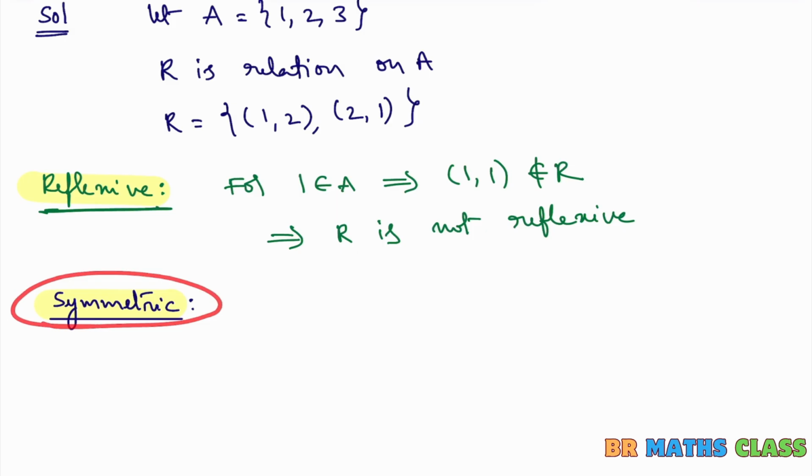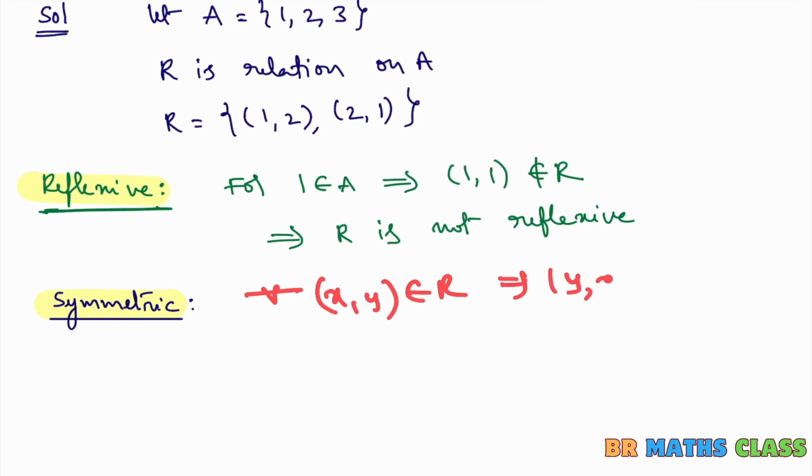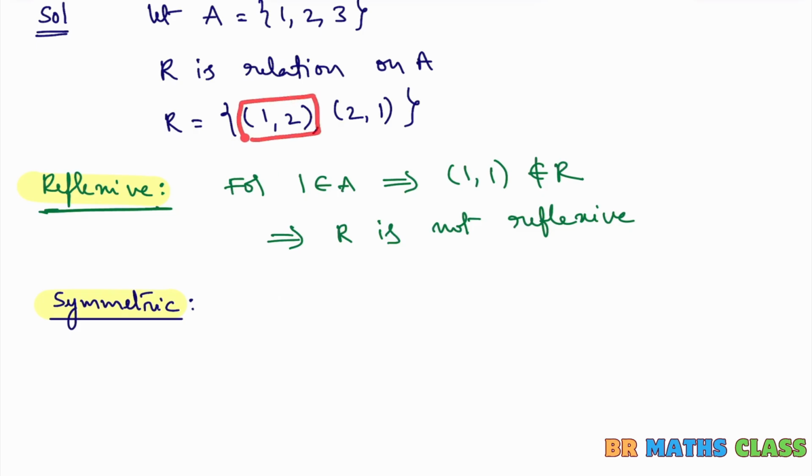Now I'll check the symmetric condition. What is the symmetric definition? For every ordered pair (x, y) in the relation, if the ordered pair (y, x) is also there in the relation, then we say that the relation is symmetric. Now you take the ordered pair (1, 2) in the relation. For the ordered pair (1, 2), the reverse order, y, x, means (2, 1). You check whether (2, 1) is there in this relation. Yes, here it is. For the ordered pair (2, 1), (1, 2) is there.